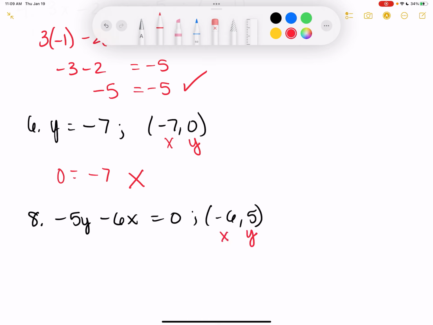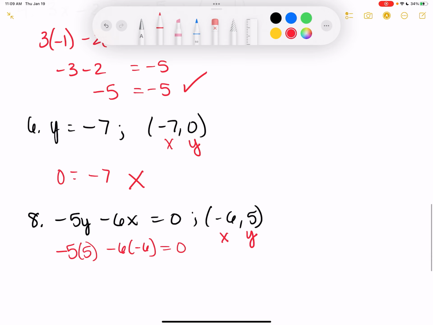So then now what? Negative 6 times negative 6. I need this part too. 5 times negative 5. So then negative 5 times 5 is what?